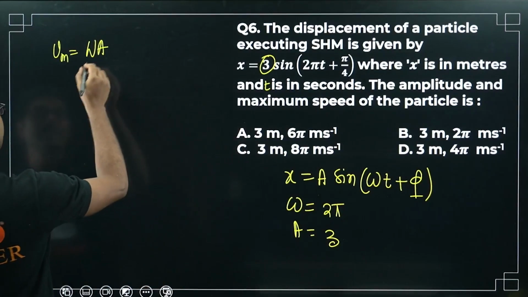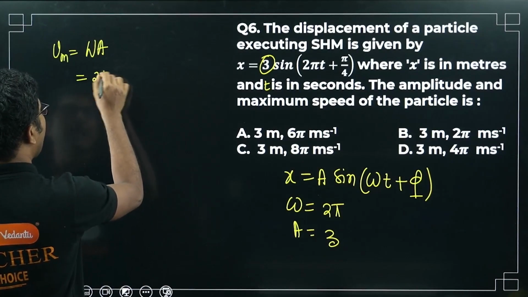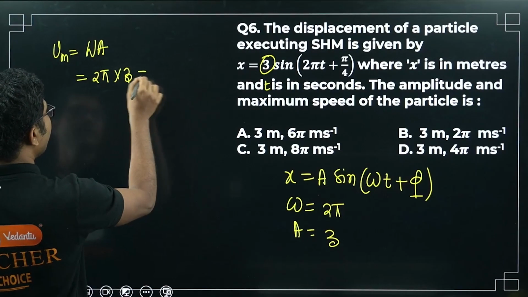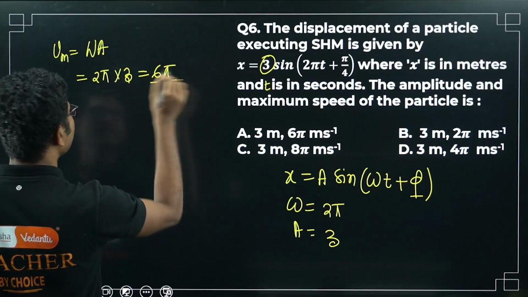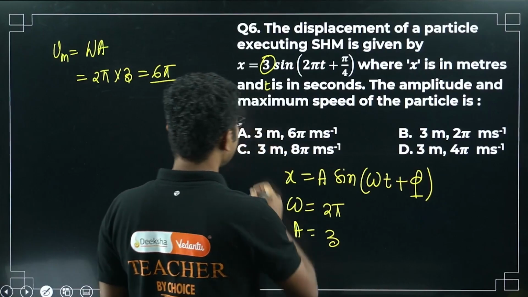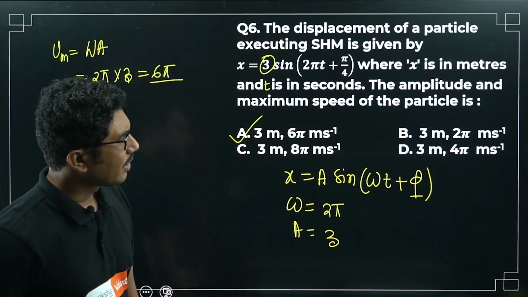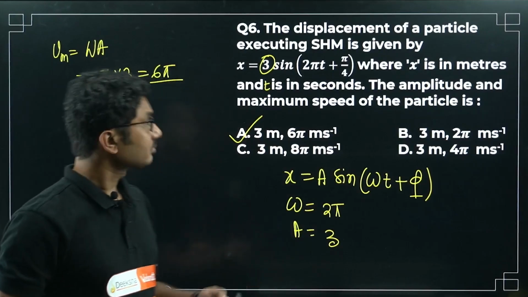We are not interested in that. We want to find the omega. Omega is 2π and amplitude is 3, so 6π is the maximum speed. 3 meter and 6π meter per second is the answer. So the only one answer is this.